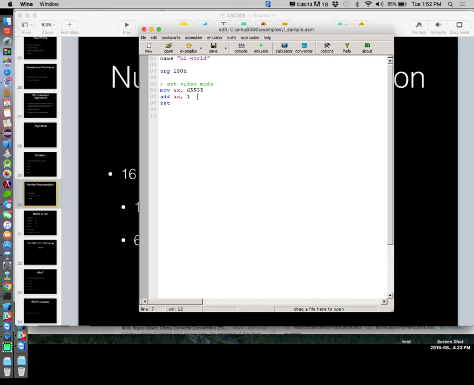Because the register is 16-bit. So it's as if I said this. It's as if I said that, which is the number 1 represented as 16 bits, even though that's significant overkill for what is required to represent the number 1.